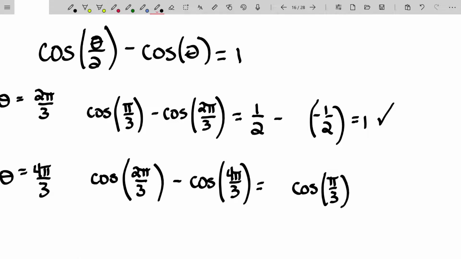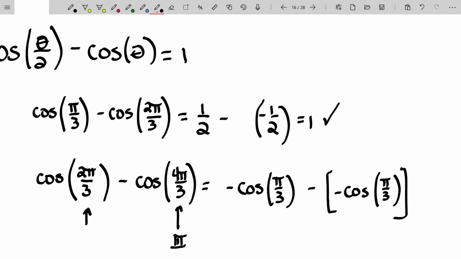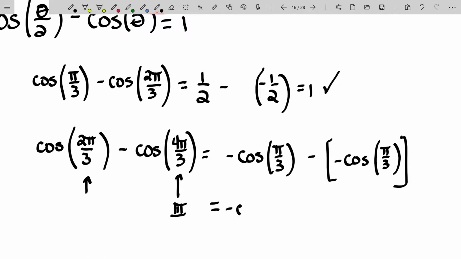But because that's in quadrant 2, cosine will be negative. Minus. Reference angle for 4 pi over 3 is, again, pi over 3. But because this is in quadrant 3, cosine will be negative there as well. And so we have a negative cosine of pi over 3 plus a cosine of pi over 3.